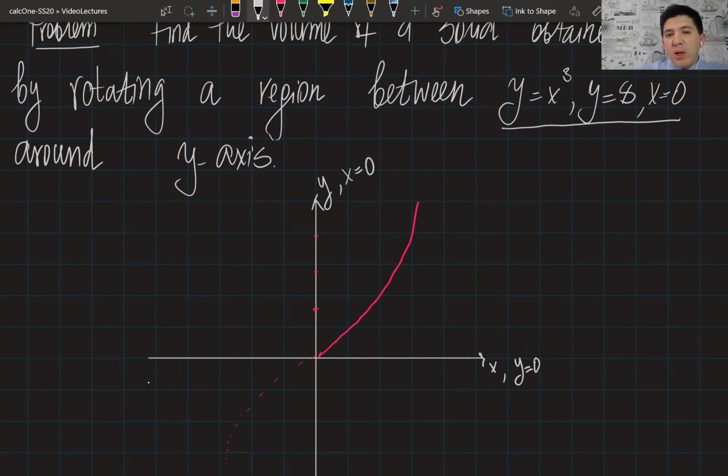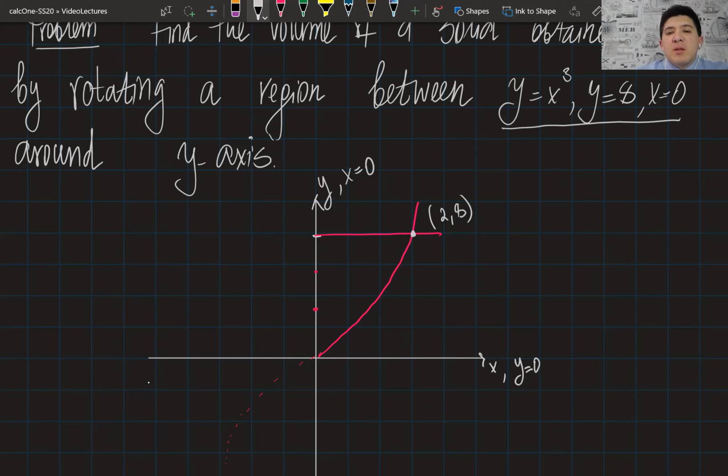And there's a third one, y is equal to 8. So let's say this is the 8, and y is equal to 8 is going to be this line. So let me draw this with the red one as well. So this line. Good. So the coordinates of this point are going to be 2 and 8, right?